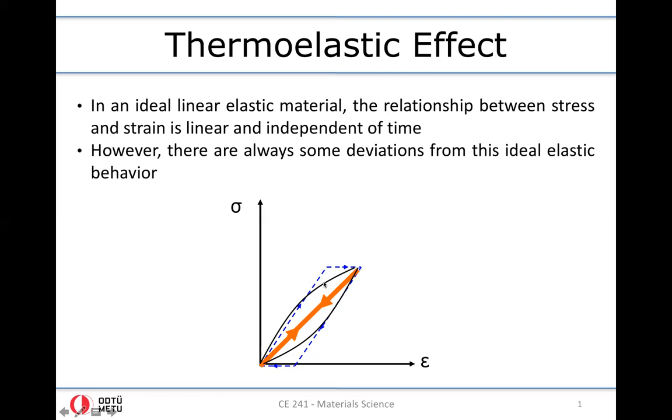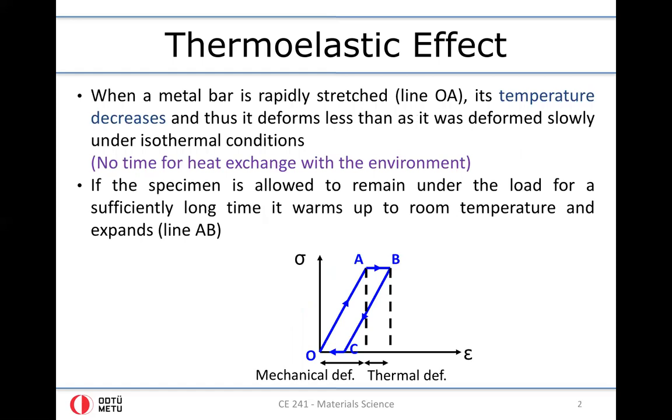So let's take a closer look at what will happen if you deform material at a very high rate. When you rapidly stretch a specimen, for example, a metal within the elastic range, along, for example, the line from O to A, its temperature decreases.